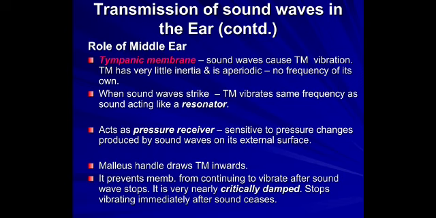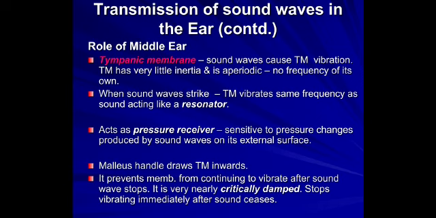So when a sound wave strikes the tympanic membrane, it results in vibration of the same frequency as the sound, acting like a resonator. It is sensitive to pressure changes produced by sound waves on its external surface, so it acts as a pressure receiver.